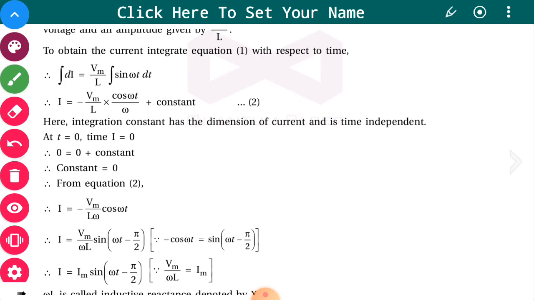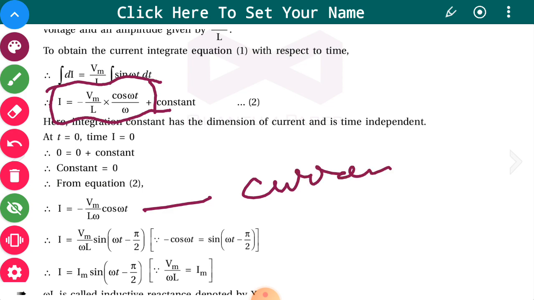So our equation, that is I, is equal to minus Vm cos omega t upon omega L. This is the equation of current. Now that cos omega t, try to understand. Cos omega t is having a minus sign.